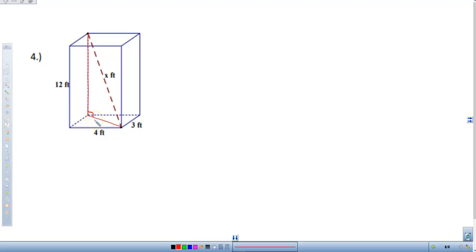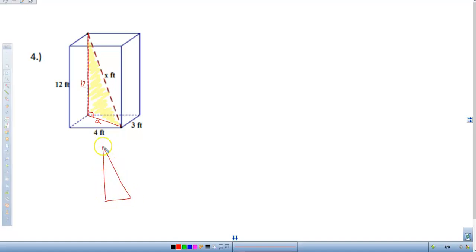This leg's length would be 12, and let's call this leg's length A. I don't know what that is, but I do know that X here would be my hypotenuse. So let's take a look at that right triangle within my prism.